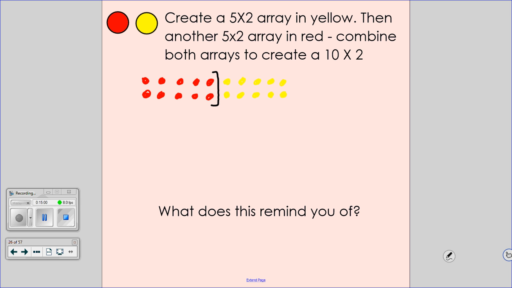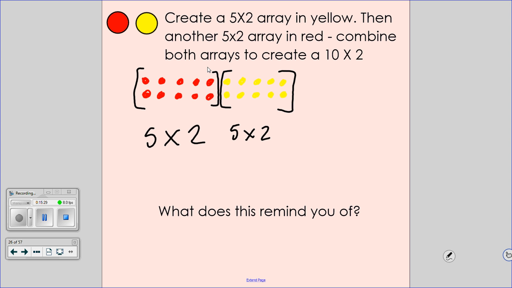So we had, go ahead and draw yours out. You had a 5 by 2 array, and then we squish that together with another 5 by 2 array.